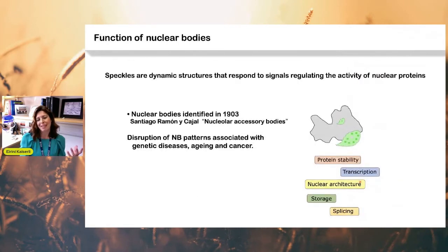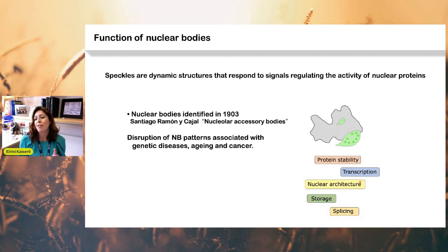Now, nuclear bodies are not new. They were identified in 1903 by scientists and also artists, as we heard from George Bassett's talk, Ramon y Cajal. And later it was shown that disruption of these patterns correlates with genetic diseases, aging, and cancer in mammals.